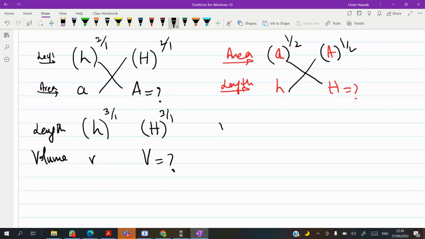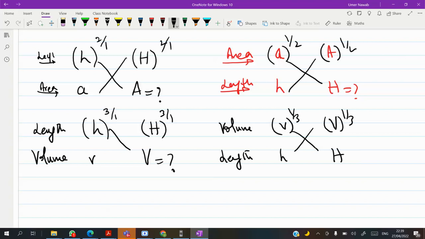If volume is given and length is to be found, then if you want to find this, you write 1 over 3 and then do cross multiplication.